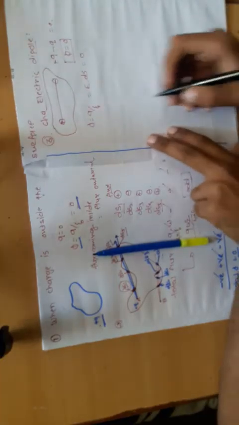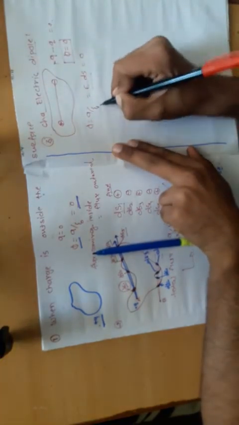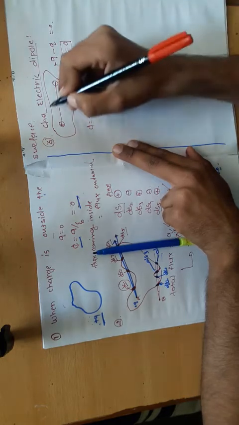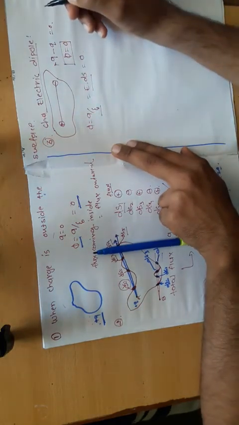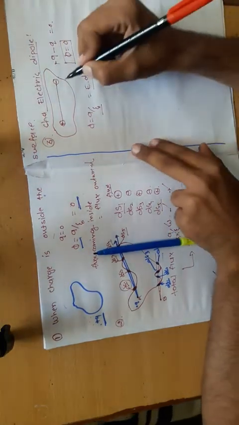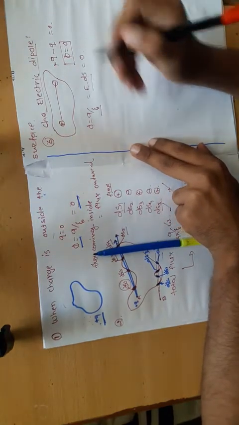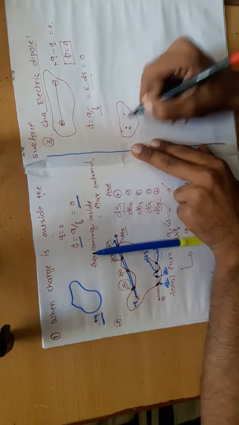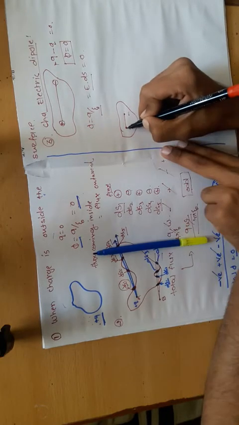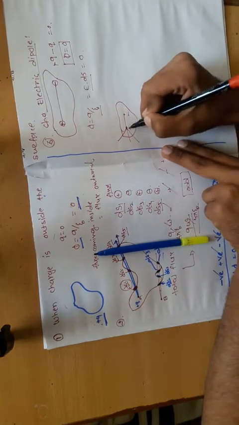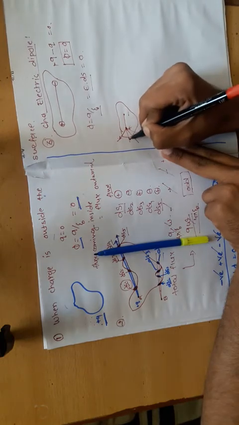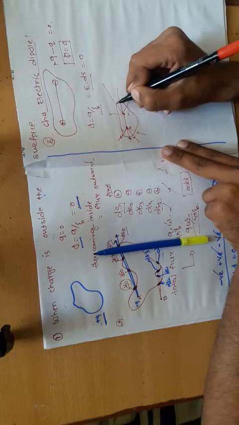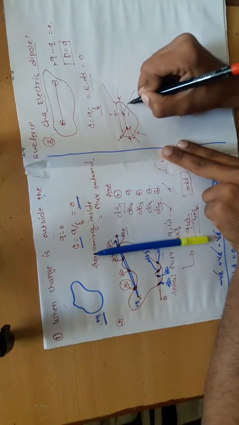Here it does not mean that because the integral of E dot dS is 0, there is no electric field due to this electric dipole. Generally, for the positive charge the field lines go outward, and for the negative charge the field lines come inward.